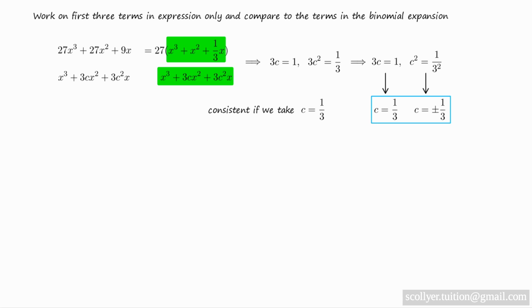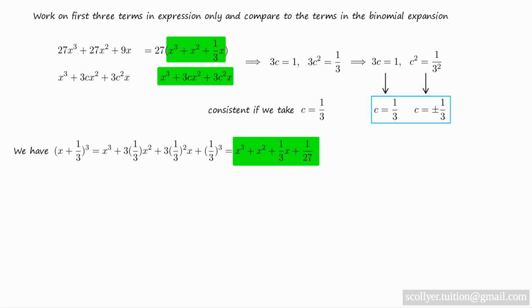And on setting c = 1/3, the binomial expansion gives us (x + 1/3)³ = x³ + x² + 1/3 x + 1/27, from which we find that 27(x + 1/3)³ = 27x³ + 27x² + 9x + 1.